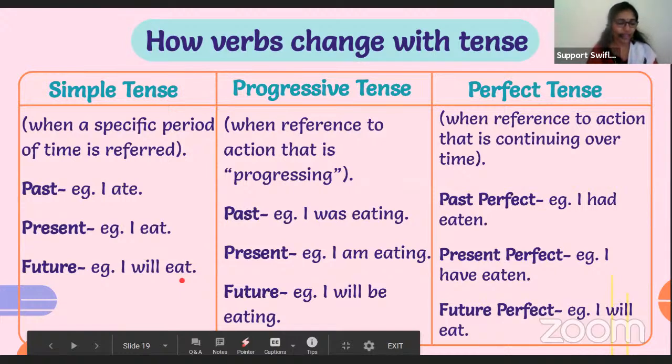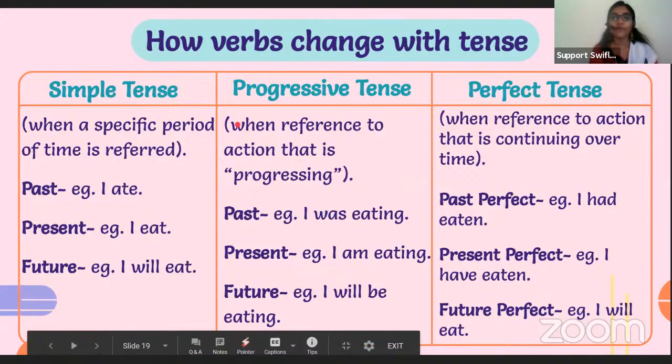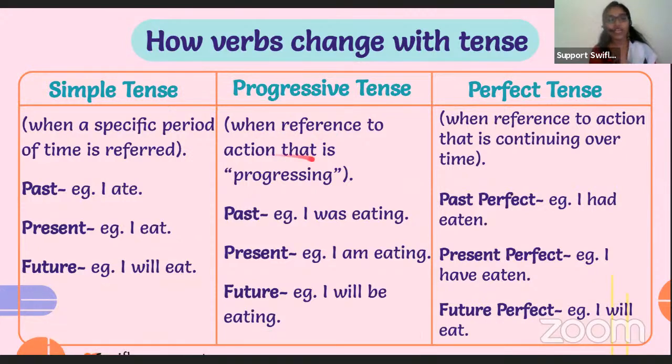Hi everyone. So the second thing is progressive tense. This is used when reference is made to an action that is progressive. What can this progressive tense be? It looks a bit different, right? Any idea, students?